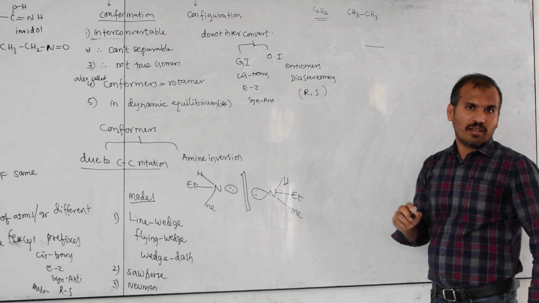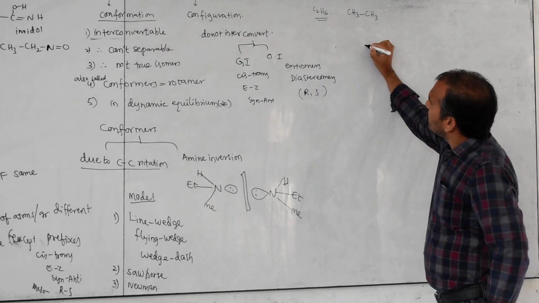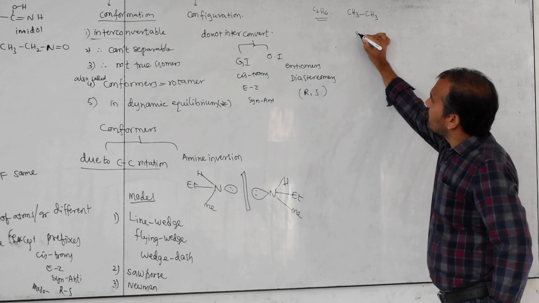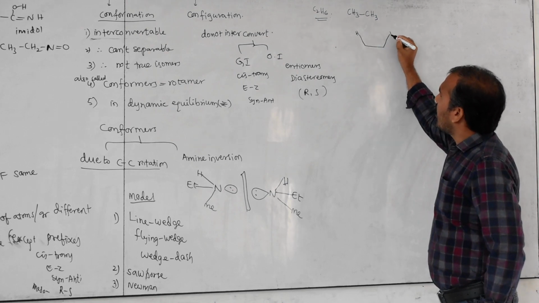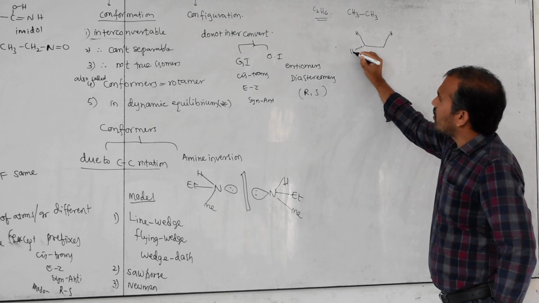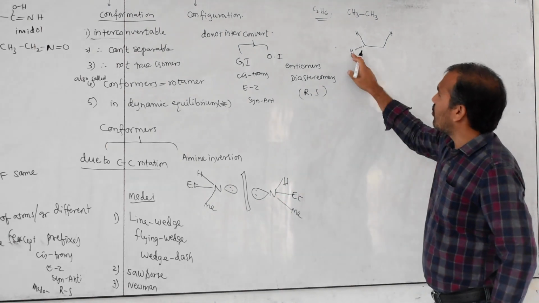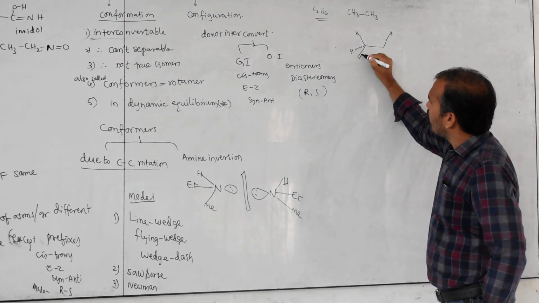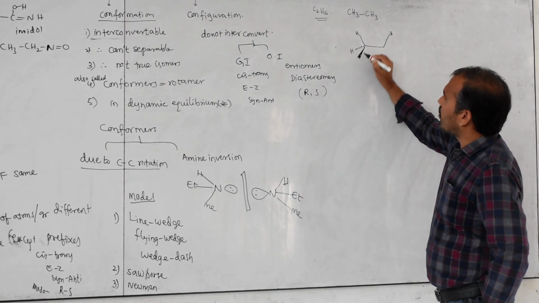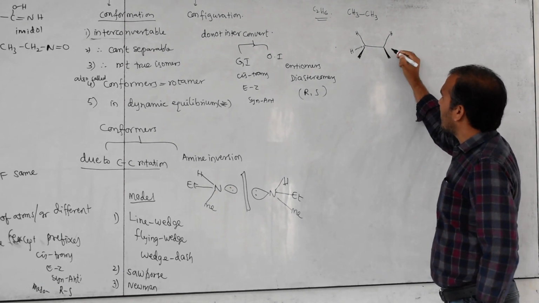Now this is one hydrogen, this is another hydrogen. This is wedge dash: this is the dash form, and this is the wedge form.